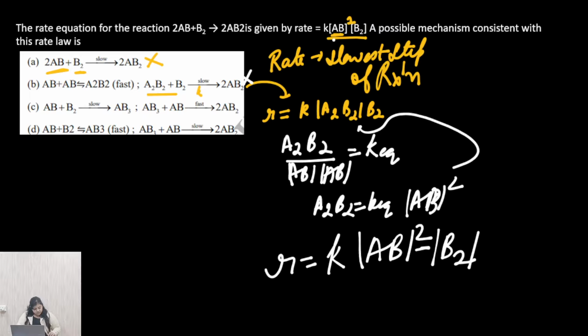Next it says option C. If you see, AB plus B2 is present in the slowest step, giving you AB3. So the rate of this reaction is dependent upon the slowest step where these two terms are involved. So that means this is going to be the answer. The rate will be K into AB into B2 depending upon the slowest step of the reaction. Okay, so C is the correct answer in this case.